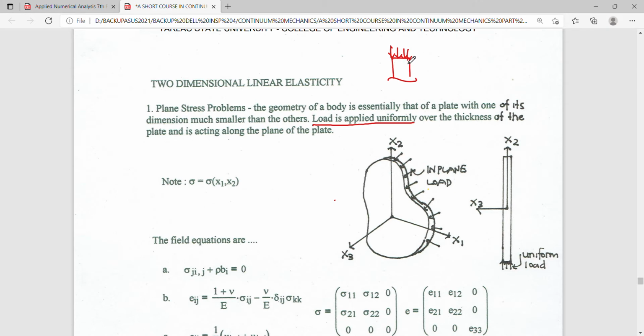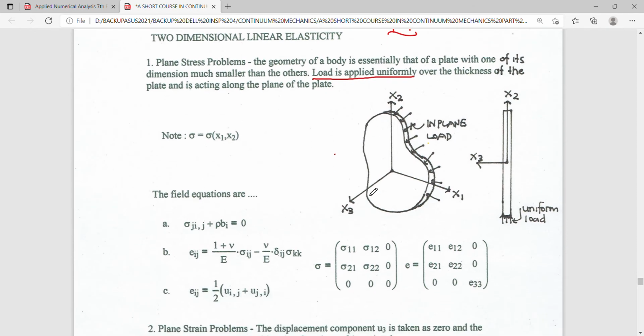And it should of course act on the plane of the plate. If the plane of the plate is actually defined on the basis of the plane of the bigger dimensions, then this force here, which is assumed to be distributed, acts along the plane of the plate.